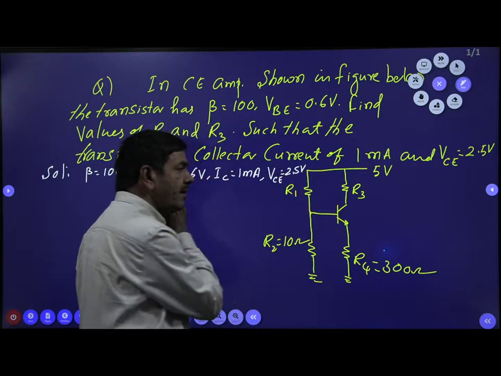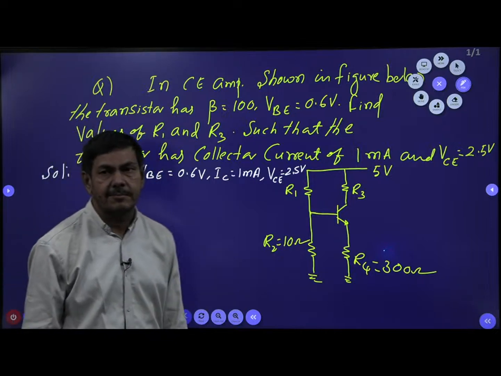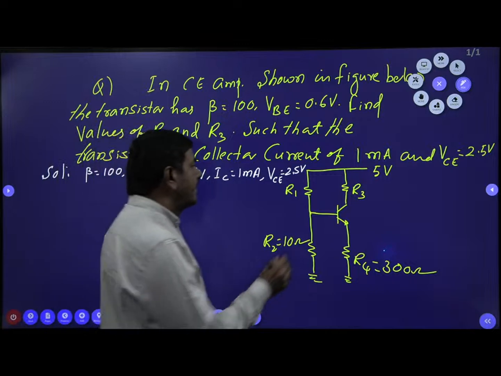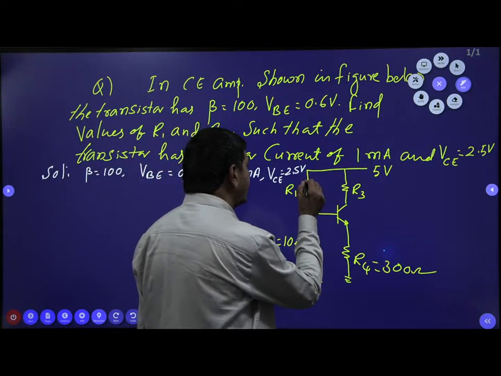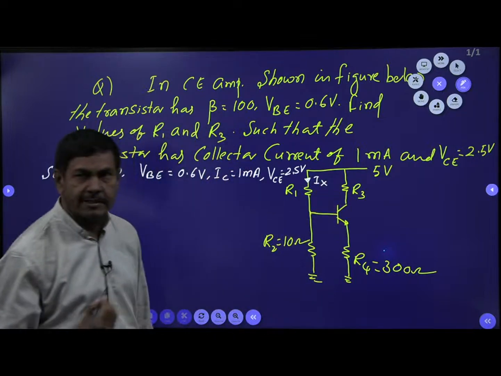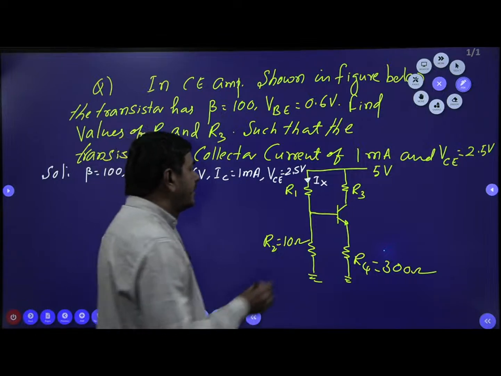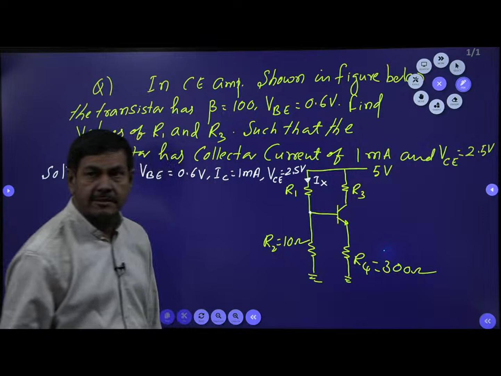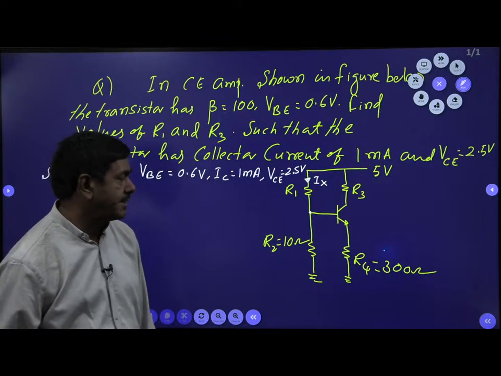Then how can we find R1 and R3? That is very important. I want to make an assumption here. The current passing through R1, I wish to take as IX. You can take I1 or I2 or whatever. This current, after reaching this junction, is divided through two paths.